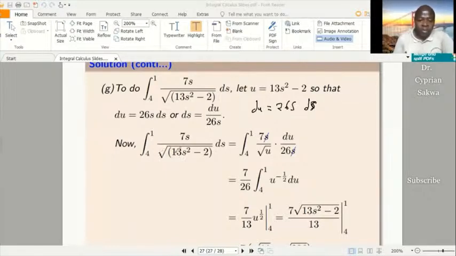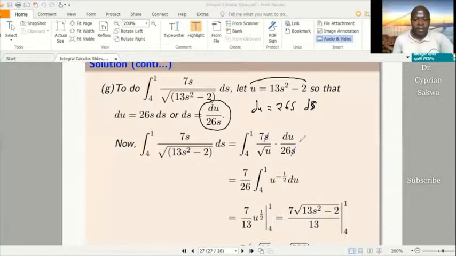So let's now come back to our integral, just to substitute these values. With the integral from 1 to 4, this is what you have been given. I just want to substitute for what we have. The denominator under the root is u, we call it u at this point. And the ds, we call it du over 26s. At this point, s will cancel the other s.